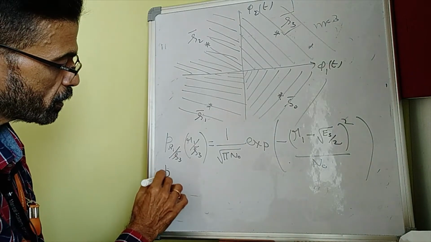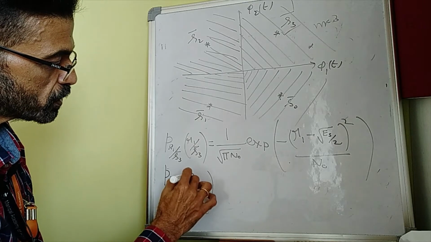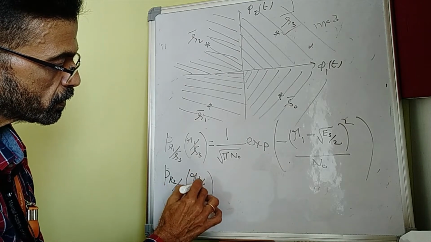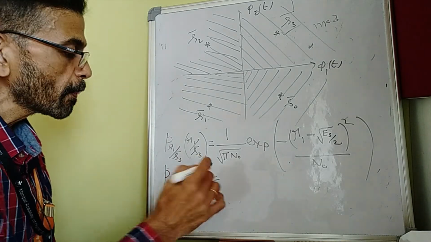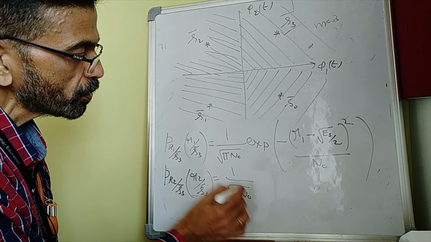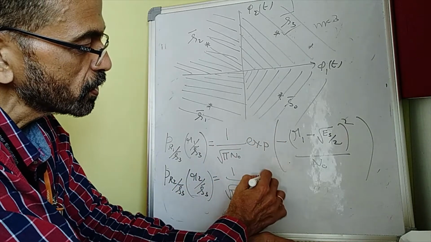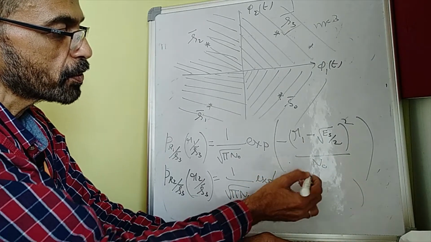And P(R2 | S3), that is given the transmitted signal was S3, is equal to 1 by root pi n naught. It will be exactly the same as this. The only difference is that in place of R1 we will have R2.